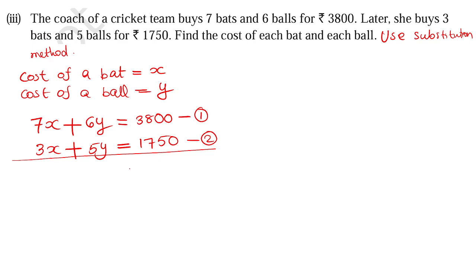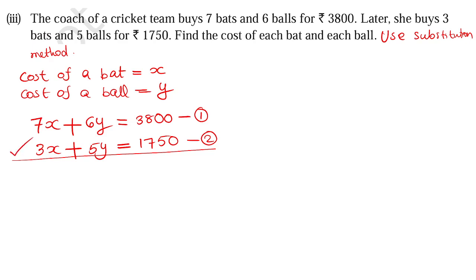Now I want to use substitution method. Substitution method means you have to select one of the equations, either 1 or 2, and make the selected equation either X equal to something or Y equal to something. I will explain, don't worry.